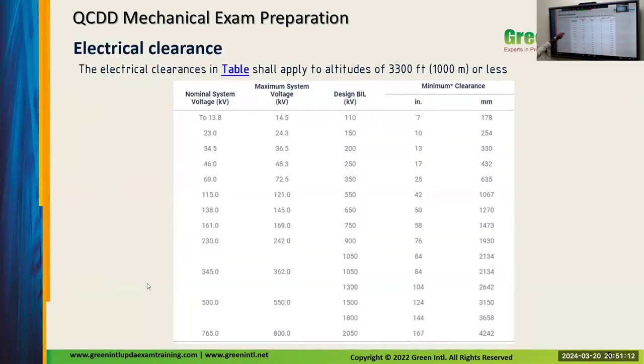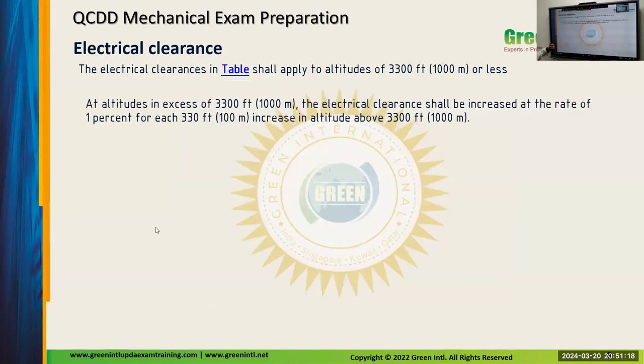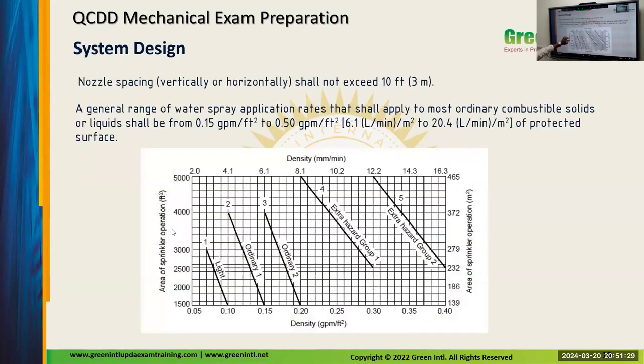For electrical clearance, you must keep away from the electrical hazards. How many meters is it? This is given in the table. At an altitude of 1000 meters, the electrical clearance shall be increased at the rate of 1%. This is one of the very important tables. For ordinary hazard, what will be the density?